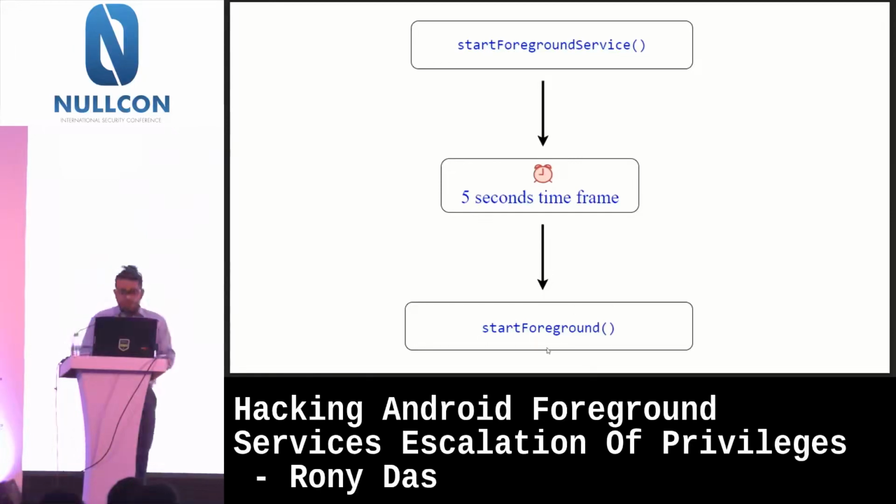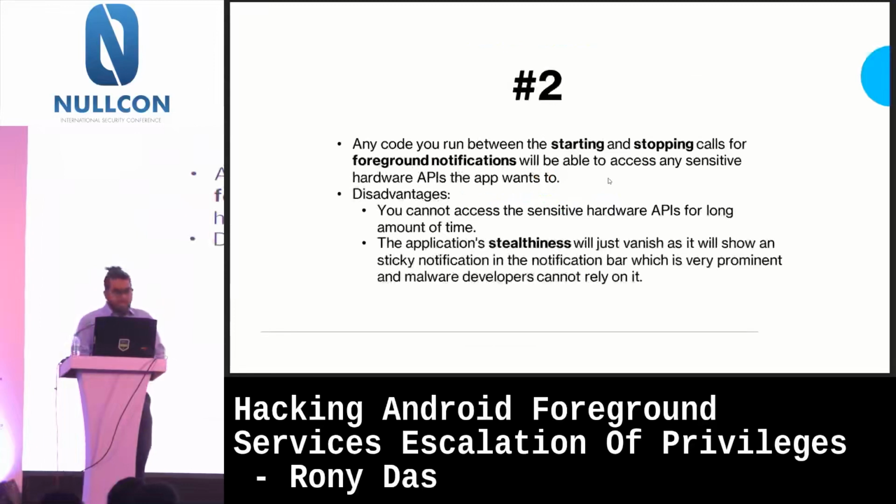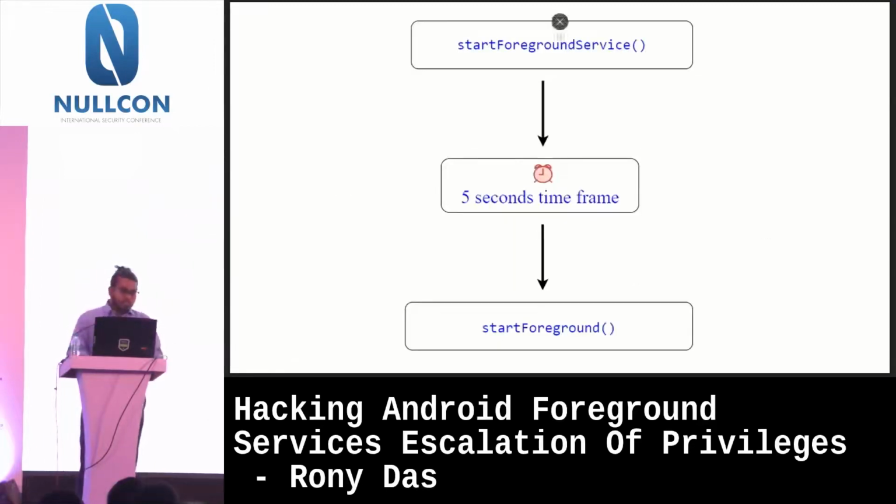If you do not start the foreground service within this 5 second time frame, the Android OS kills the service. Any code you run between this start foreground service and the stop foreground service is a privileged call. So you can access the camera, microphone, or even location data within these 5 seconds.